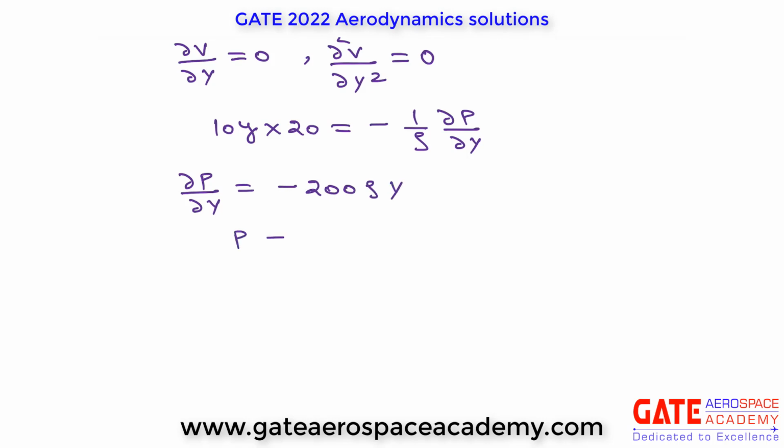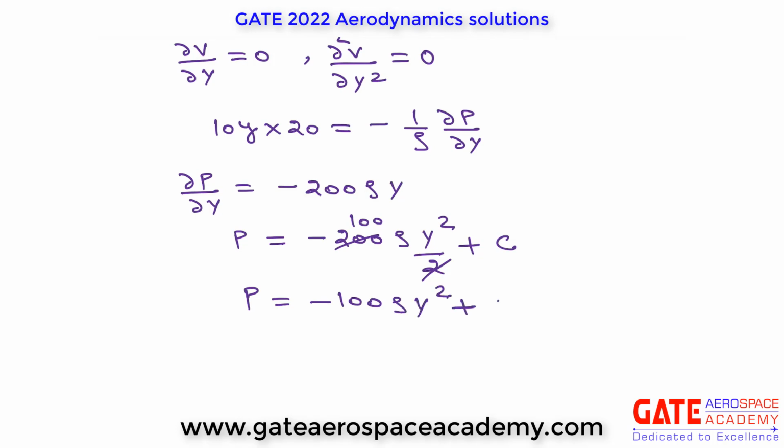Upon integrating, we can write p is equal to minus 200 rho y square by 2 plus some constant. So we got p is equal to minus 100 rho y square plus some constant.